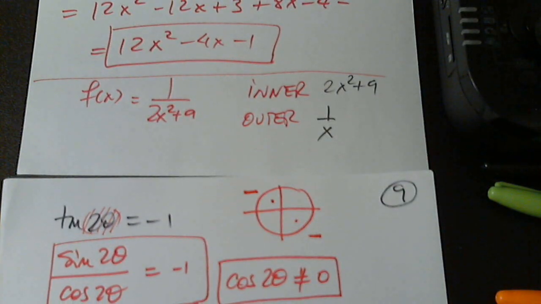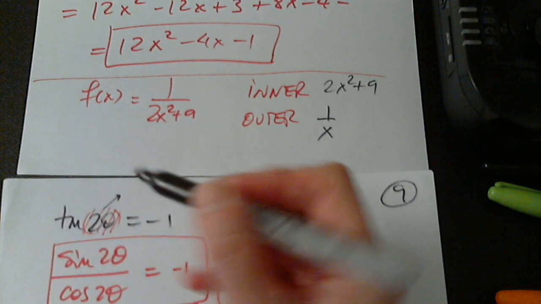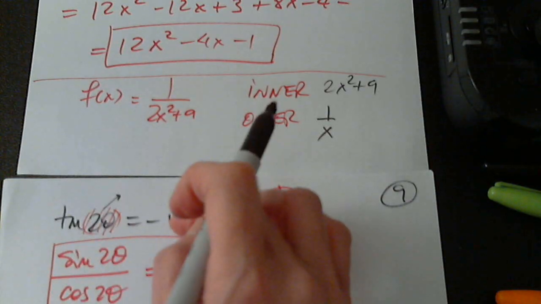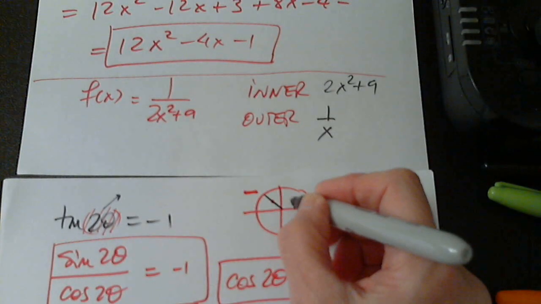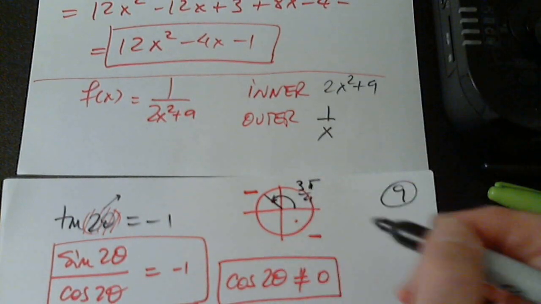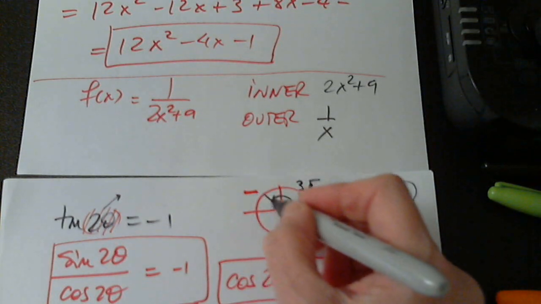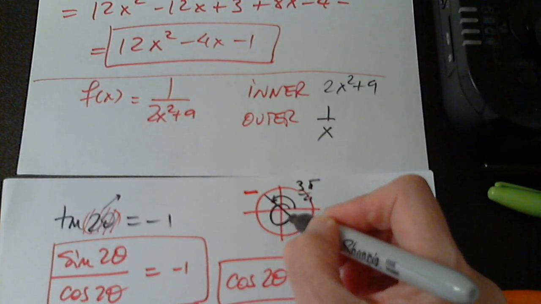Because I know that this angle has to be pi over 4, since only tangent of pi over 4 could be positive or -1, then I know that the first angle is 3 pi over 4. The other angle, just extend this line, and the other angle is this.